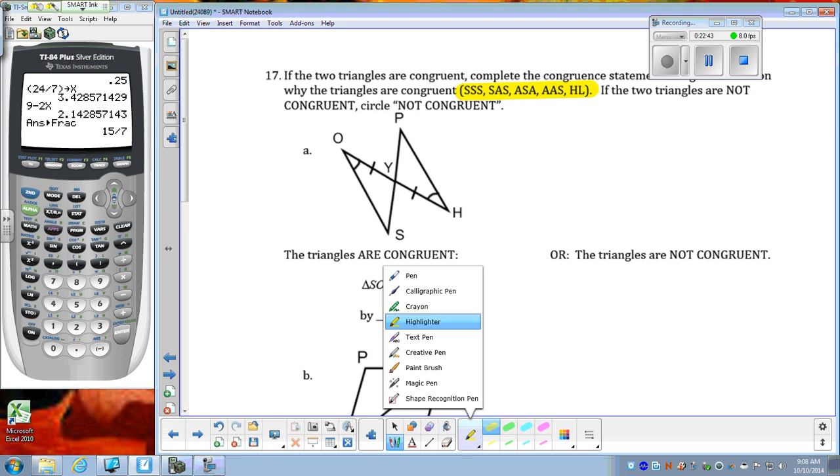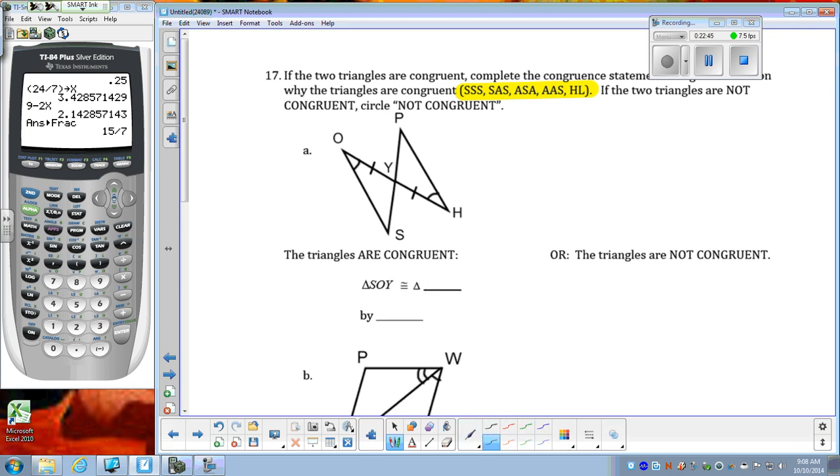All right, so let's look at what I have. In triangles, so I have SOY. That triangle. Well, in triangle SOY, I know I have a congruent angle. I know angle O is congruent to angle H. I know OY is congruent to HY.